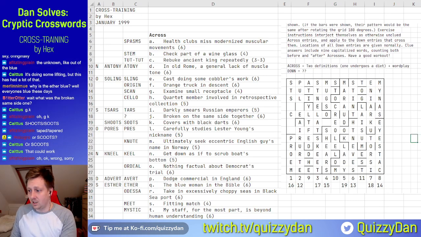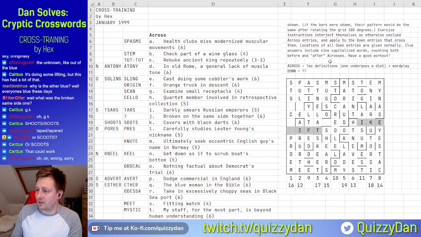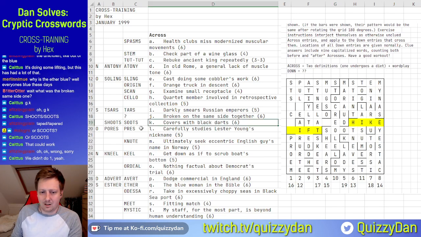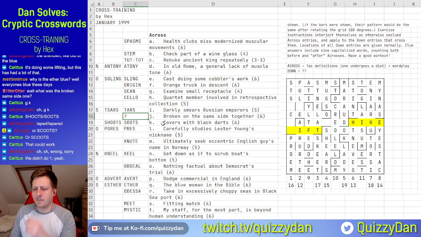And then we got hike. So these are the unclued crosses, and those are the ones where anything crossing it was actually... so it's hike and lift, I'm assuming, because that could be locusts. We'll take a look at one down in a second. So broken on the same side together.